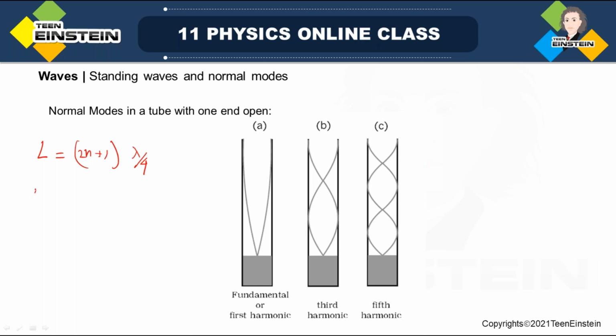So when n is equal to 1, first is lambda by 4, then it is 3 lambda by 4. So the even harmonics will be absent. The second harmonic will be absent; you'll get odd harmonics.